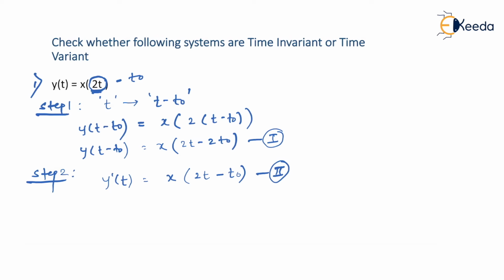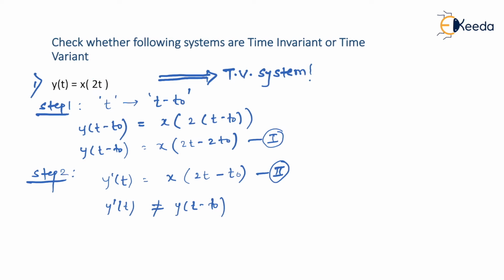Now if you observe equation number 1 and equation number 2, you can see clearly that y dash of t is not equal to y of t minus t naught. We know that if the equal condition is present, it is a time invariant system, else it is a time variant system. So the given system is a time variant system.